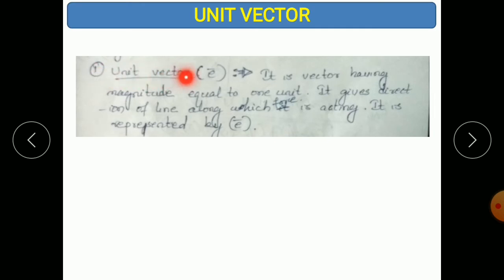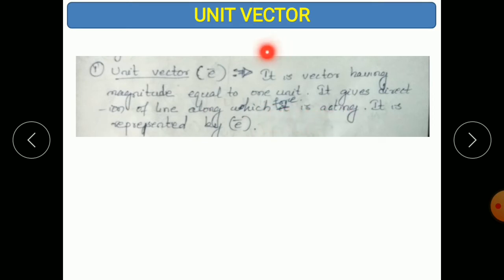First is the unit vector. It is denoted by e bar. The line above the e is called a bar, e bar. What is the meaning of this? It is a vector having magnitude equal to 1 unit. It gives the direction of the line along which the force is acting.